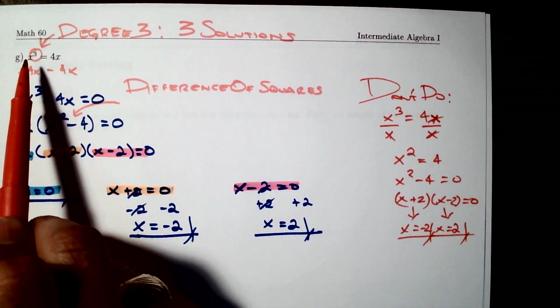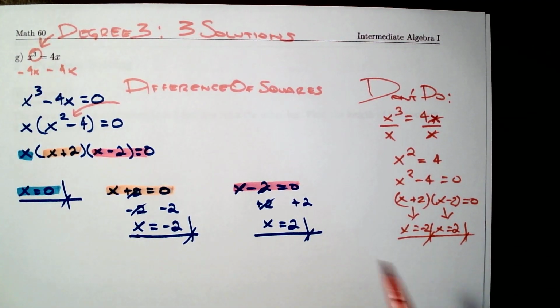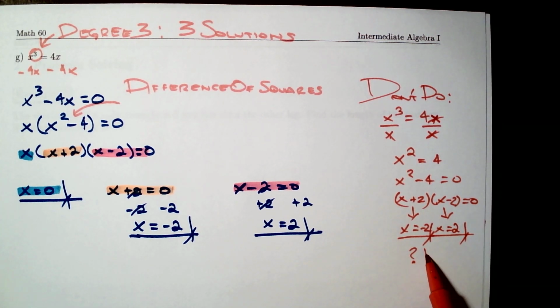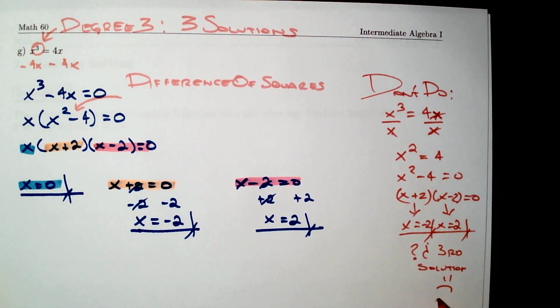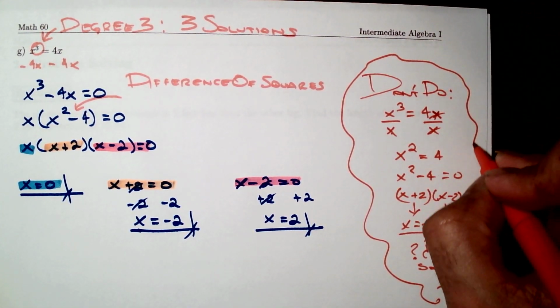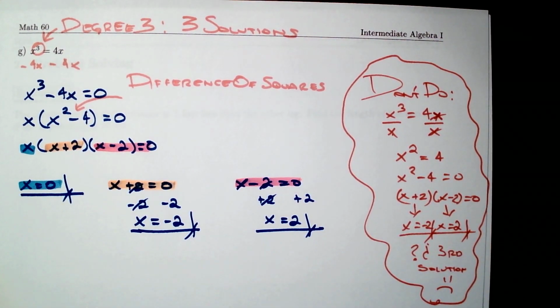But do you see that we have a third degree equation? From here, where is the third solution? Where is that third solution? By doing this, we miss that piece of information.